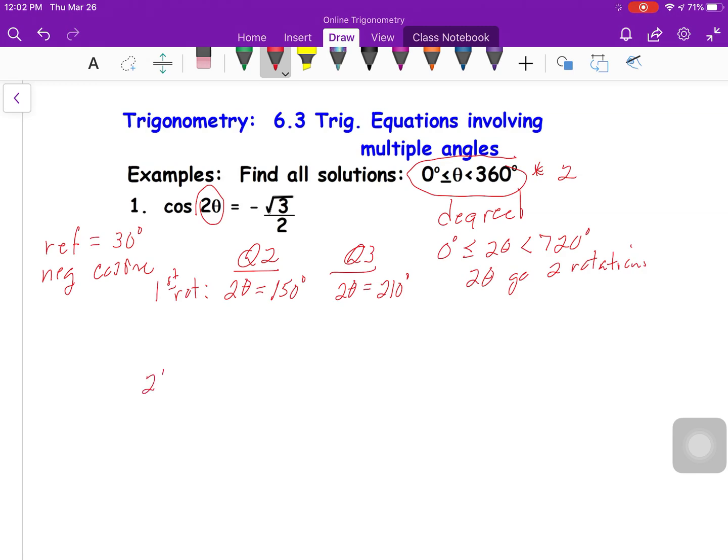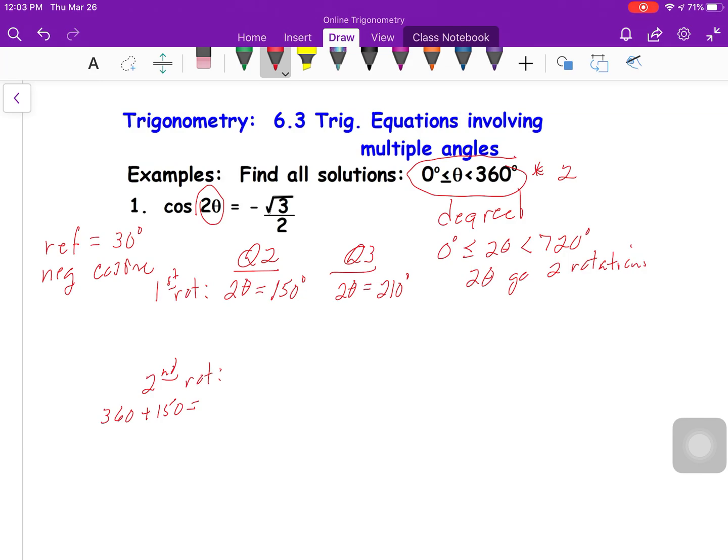Let's talk about the second rotation. On the second rotation, well, we're adding a full rotation, which is 360 degrees, to our 150 degrees. So if we take 360 plus 150, then in our second quadrant, we have 510.